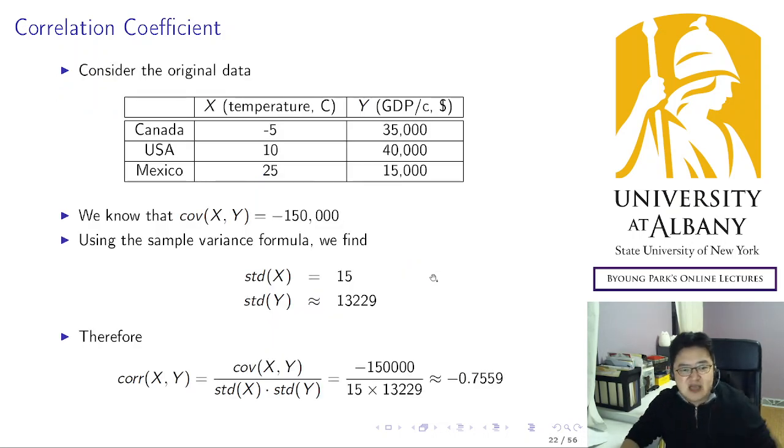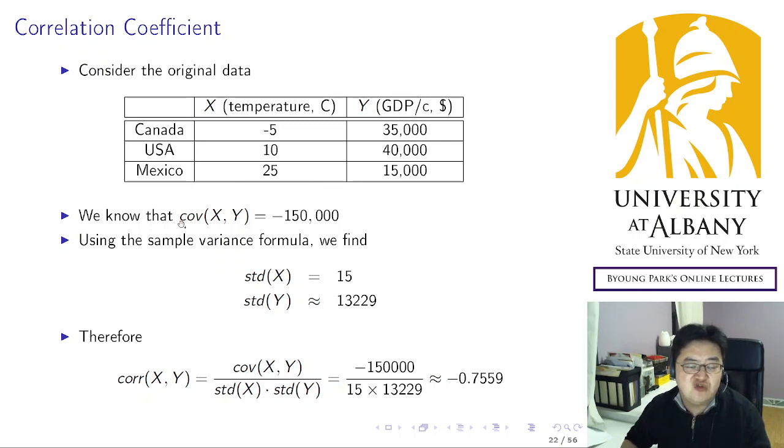Okay, then next let me show you. From the data from the first example, we know the covariance is -150,000. Using the observations for temperature, you can calculate the standard deviation, which is 15. And using the observations for GDP per capita, the standard deviation is about 13,000.